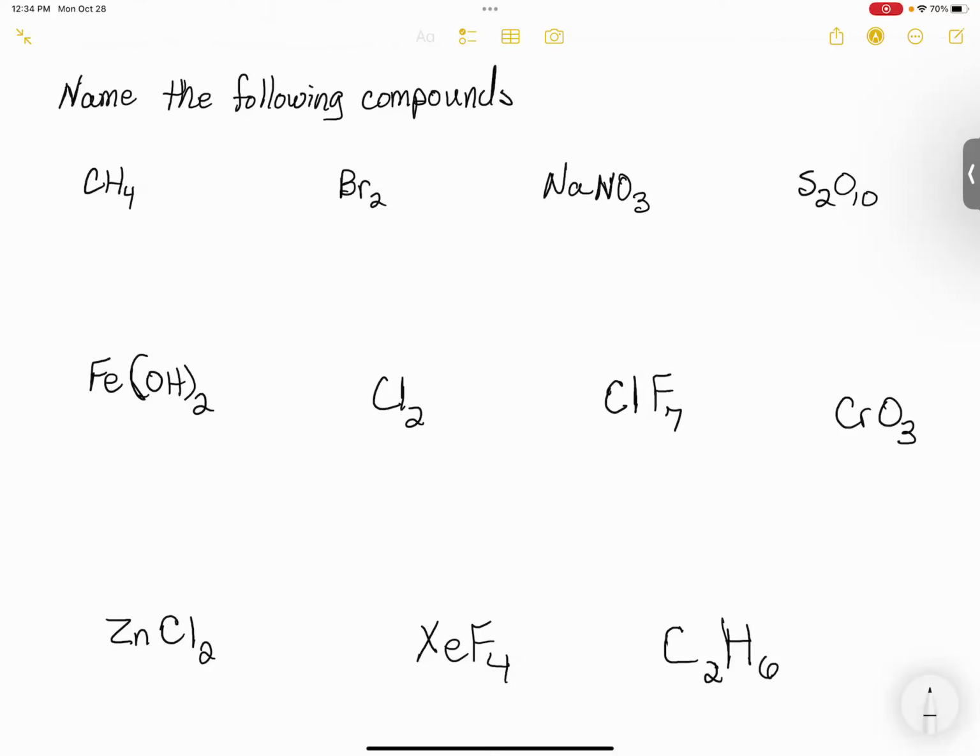So non-metal, this one was a metal. This one was a non-metal. This one was a metal.